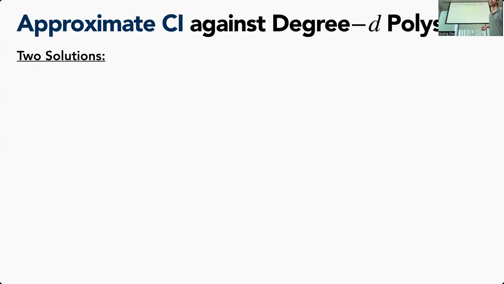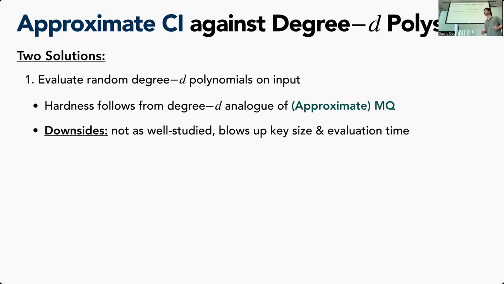There are basically two solutions that we describe in the work. The first is that we just assume the corresponding higher degree analog of MQ, which is even more plausible, because if you find it hard to solve degree 2 equations, it's probably hard to solve degree 100 equations, right? So it just follows if you set D large enough to fit in the template.